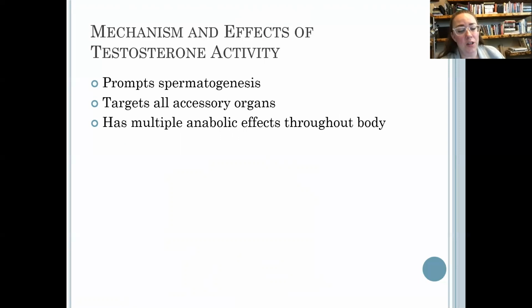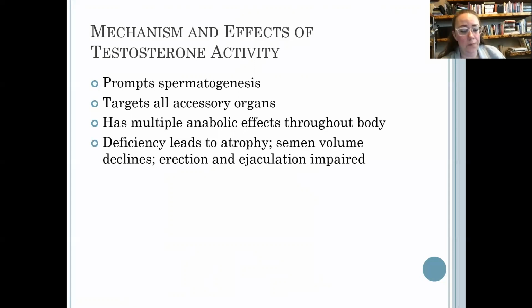And it also targets all of the accessory organs of the male reproductive system. So there's a lot of anabolic effects throughout the body that testosterone causes. One of the things we talked about earlier in the semester was how it triggers more red blood cell production. It's typically why the hematocrit in males is higher than in females, because of testosterone.